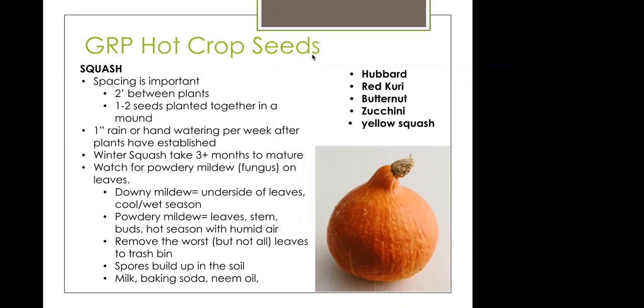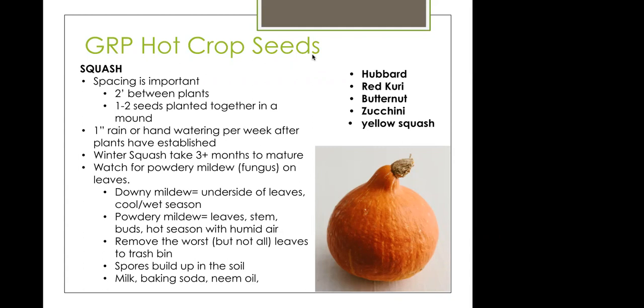For now, I'll just say our plant spacing for squashes is generally recommended at 2 feet between each. When you plant them, we recommend 1 to 2 seeds, and that you mound the soil around your transplants to elevate them a little bit.